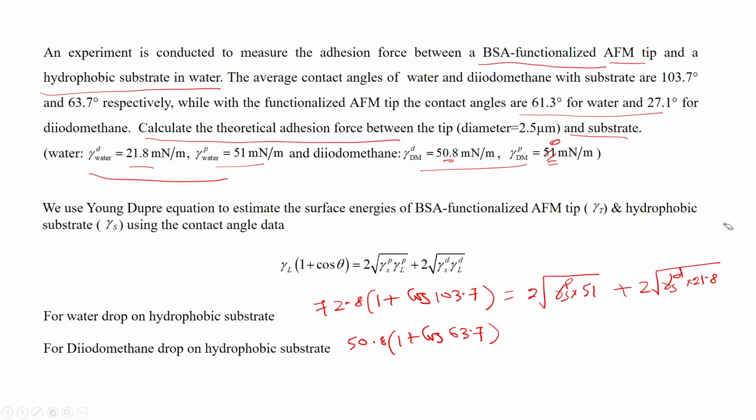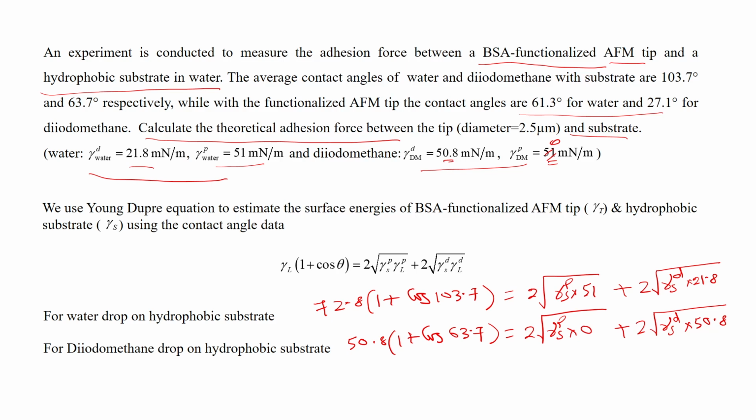So this is equal to 2 into, this is gamma S P, and this is 0 here, because diiodomethane has 0 polar component of surface energy, and gamma S D here, and 50.8 is the dispersive component, which is quite a lot, like this.